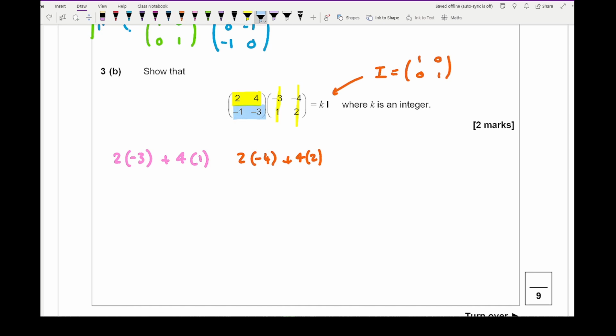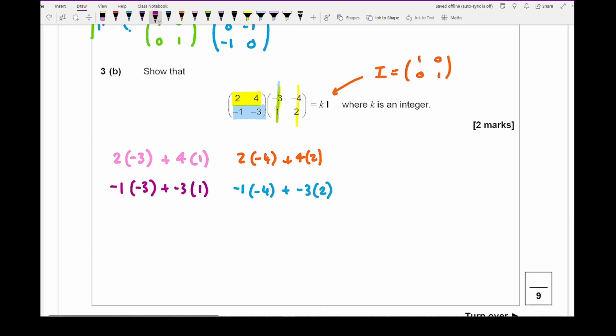So I'm now multiplying this by that. And that gives me -1 multiplied by -3 plus -3 multiplied by 1. And then the bottom number, let's use a different colour, we're going to do -1 multiplied by -4 plus -3 multiplied by 2.